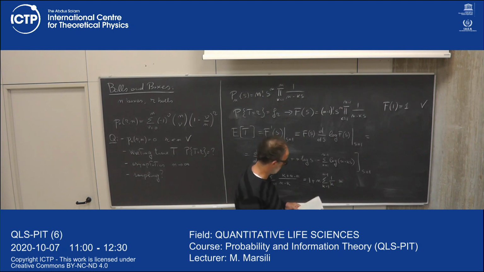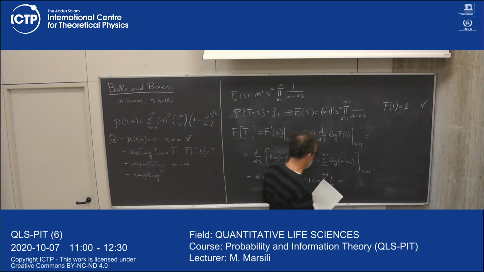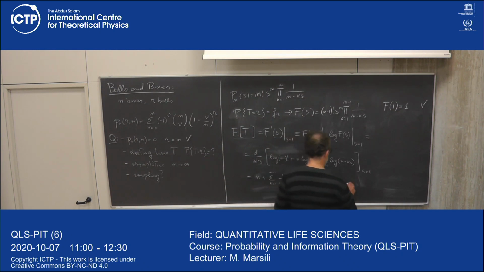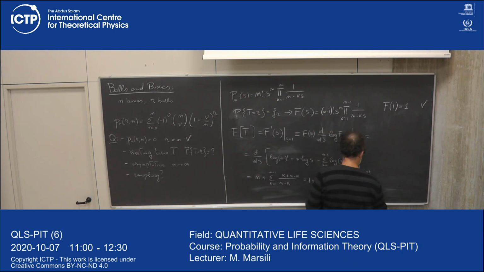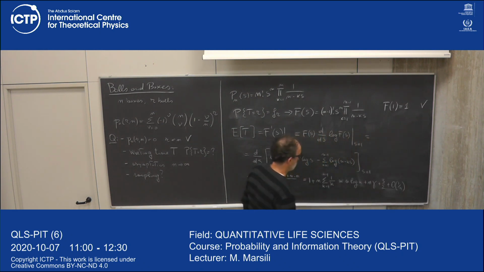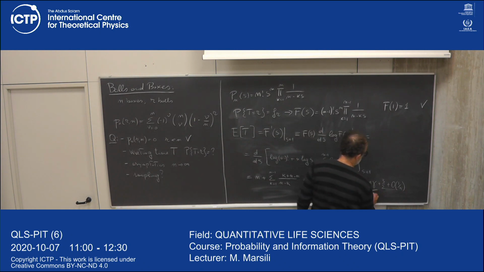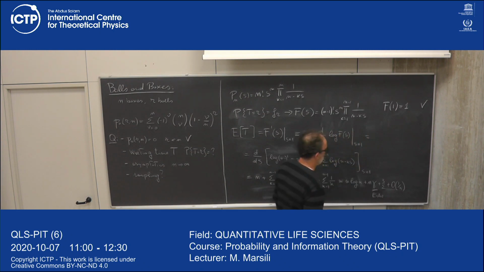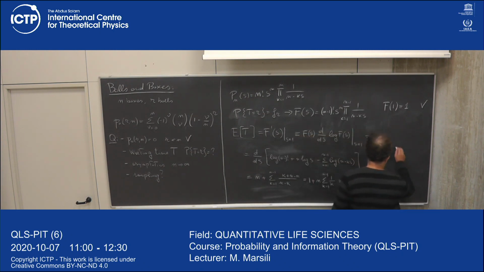And so asymptotically this becomes equal to n log n plus n times gamma plus 3 over 2 plus orders of 1 over n, where this gamma is Euler's constant.